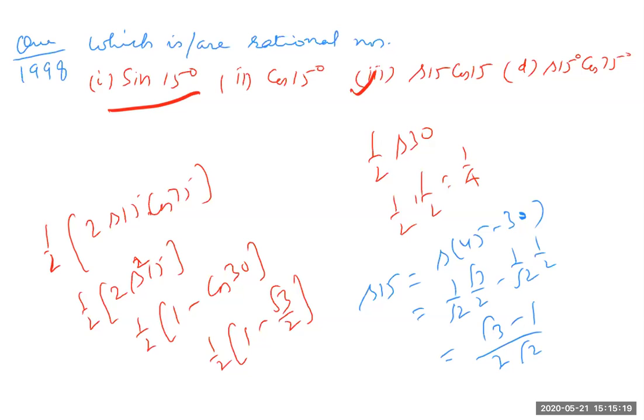So this you will cancel, this you will cancel, this you will cancel. So the answer left is C. Only C is correct. Okay. Any doubt in this? No, sir.